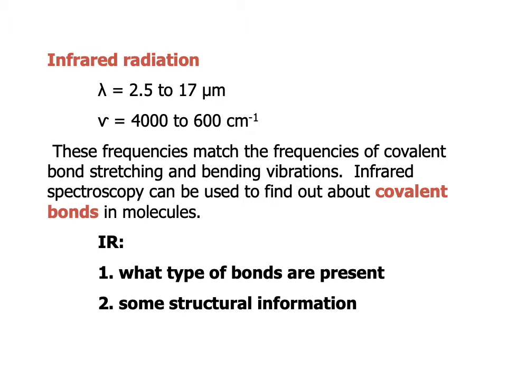It should be used in parallel or in addition with other techniques for your identification. So we cannot just use this technique to make an identification. You should know that.